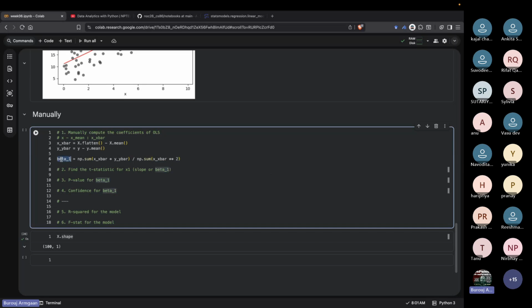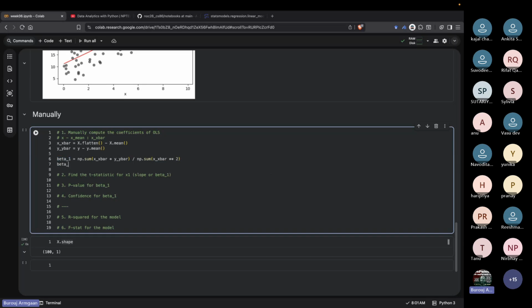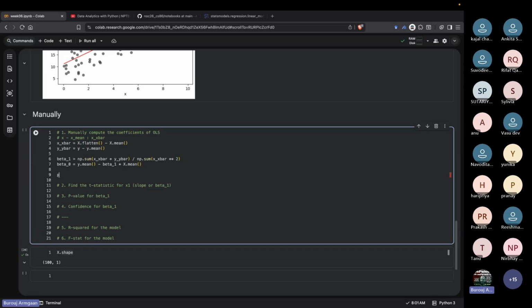This is our beta 1. Our beta 0 is just y dot mean minus beta 1 times x dot mean.